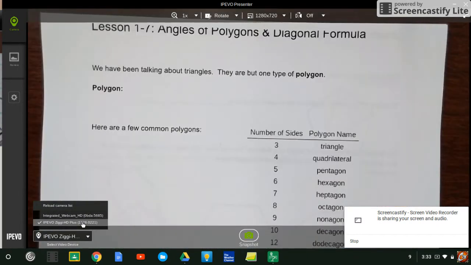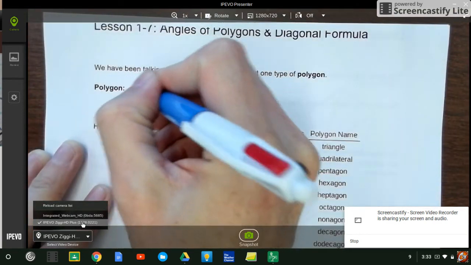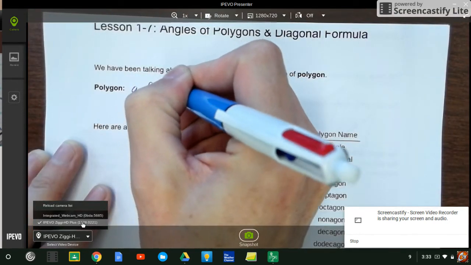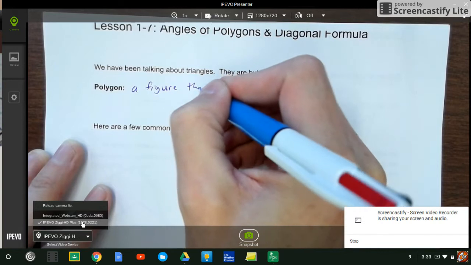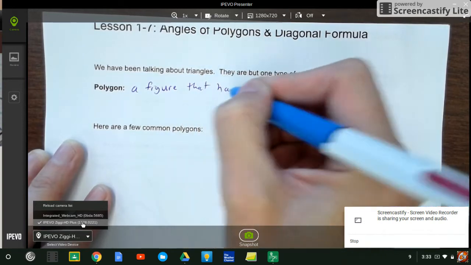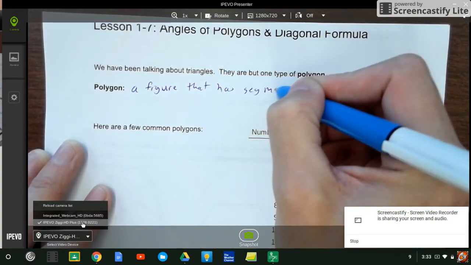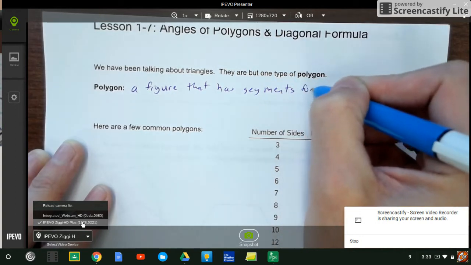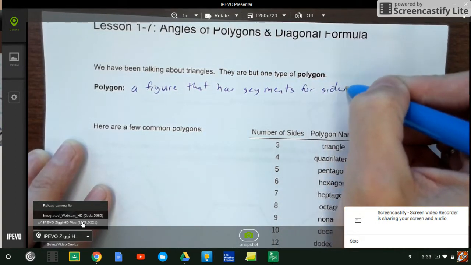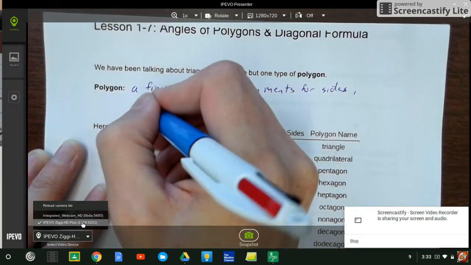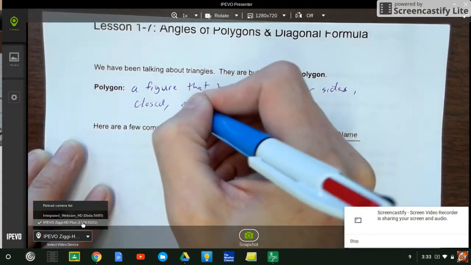Okay, let's take a look at our problems here. We've been talking about triangles, which are one type of polygon. They're the simplest. And that brings the question, well, what is a polygon? Well, a polygon is a figure that has segments for sides, closed and multiple sides.